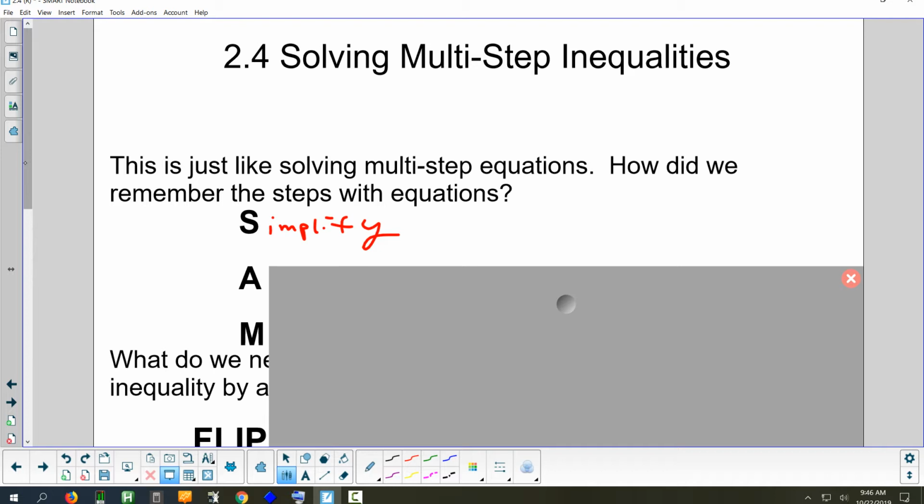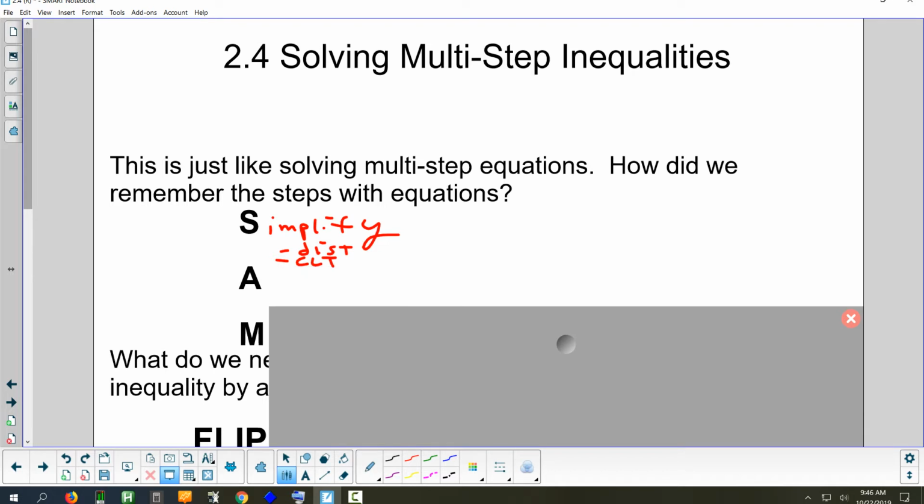Distributive. You already have this in your notes. And then the other one, we actually use 3 letters to describe too. Yep. Combine like terms. CLT. So those are the 2 things you got to do under simplify.